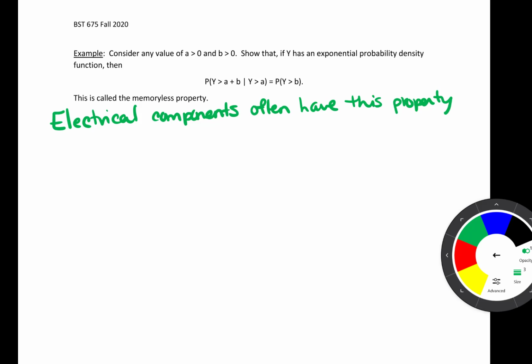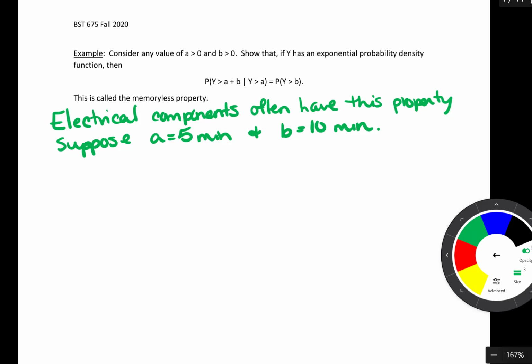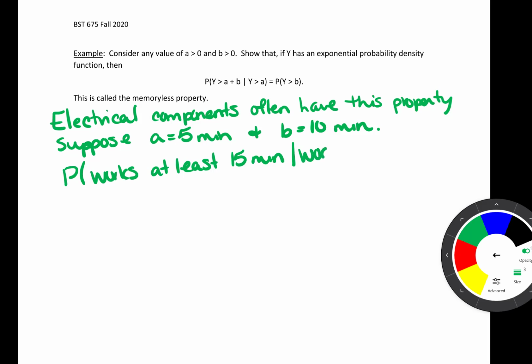So it ends up that electrical components often have this property. So for example, we might suppose that a is equal to 5 minutes and b is equal to 10 minutes, then what we're asking in this case is the probability that it works at least 15 minutes, given we already know that the component worked for at least 5 minutes.